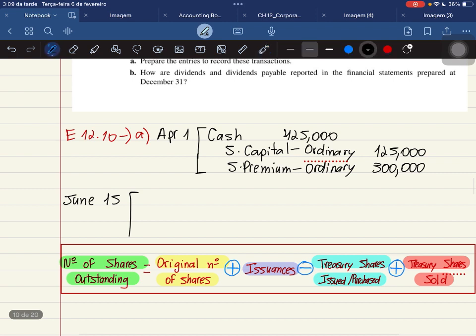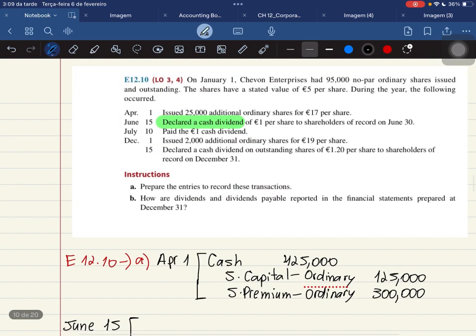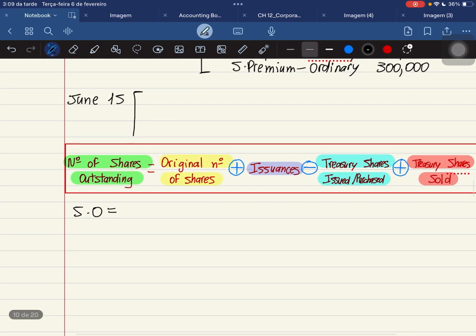Okay, so in our case, I'm just going to call this shares outstanding SO. So the original number of shares that we had was 95,000, and up to that point we just have one issuance of 25,000 extra shares. So that is going to be 95,000 plus the 25,000.